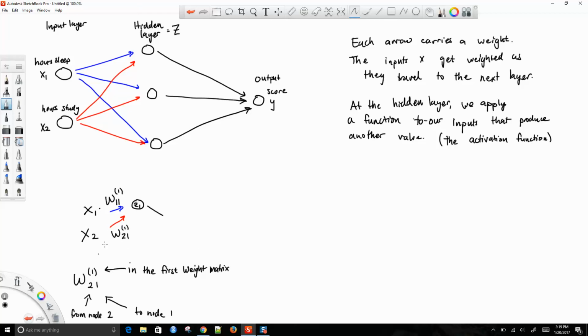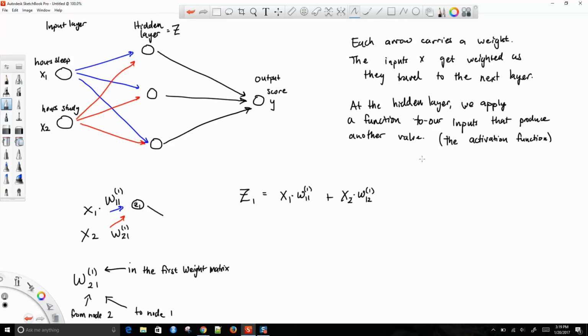So at Z, the value that we have at Z in is going to be x1 times weight 1,1 plus x2 times weight 2,1.